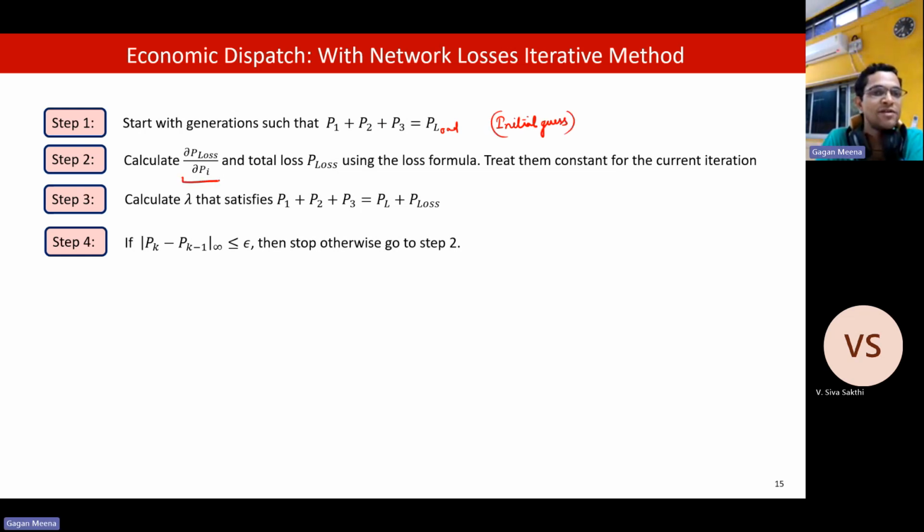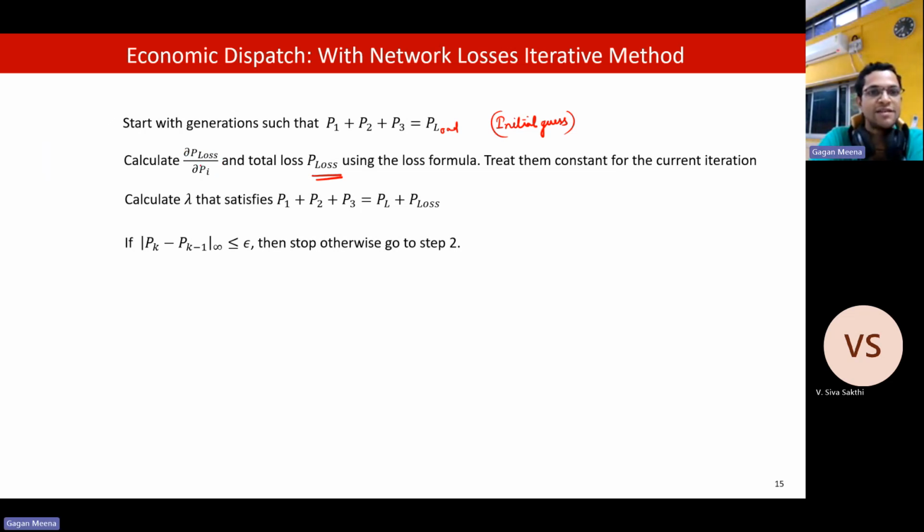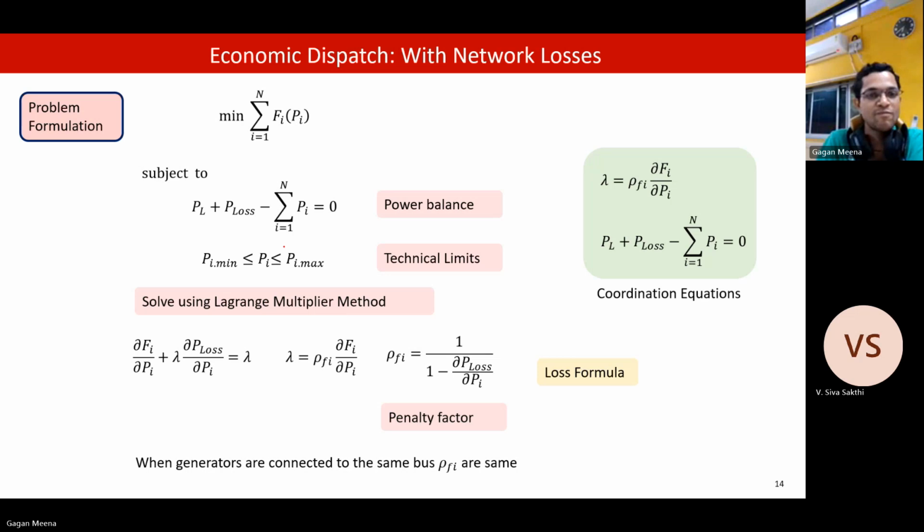Then because we have this initial guess and also we have the loss formula, using the relation that we have seen here, we can solve this equation because we already know P_i. So using this equation, load is known.